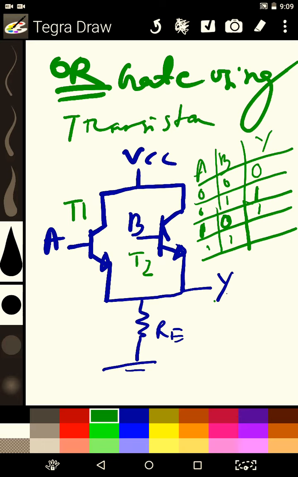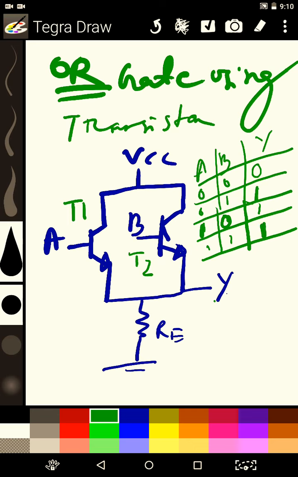Next is both are 1. In the case A equals 1 and B equals 1, both the transistors T1 and T2 are in the saturation region. So there will be closed switches between VCC and Y. So the voltage will appear at the Y terminal. So the output will be 1.